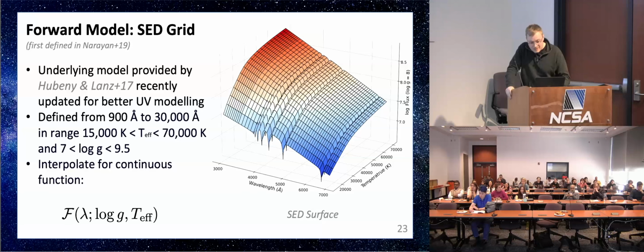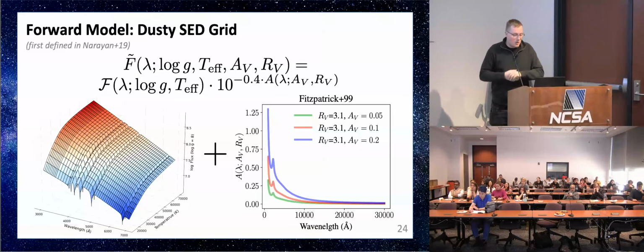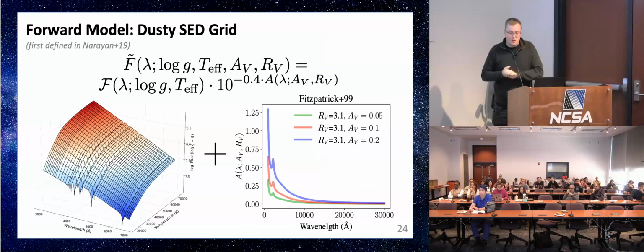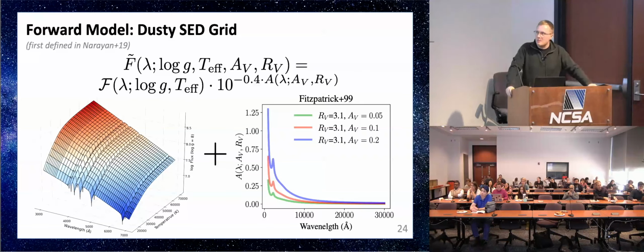So after we use that, we can then build on it. And the next thing to build in our model is dust, because there is a lot of dust in between us and everything else in space that you need to consider. So you can apply your dust law. So we've been using quite an old dust law, Fitzpatrick 99 dust law. We can actually switch this out with other dust laws, and we're in the process of doing it. I chose this one because previous works used this, so it's easier to compare results.